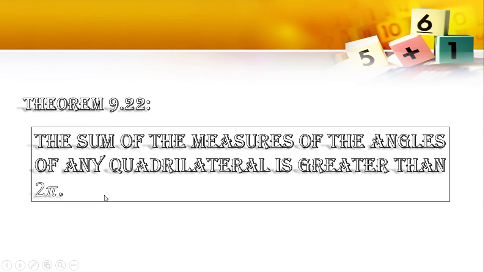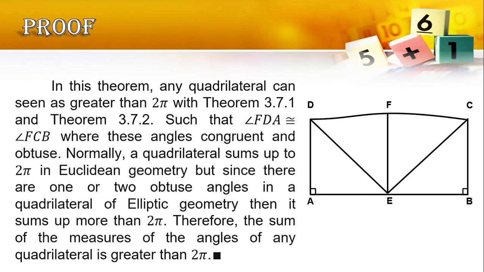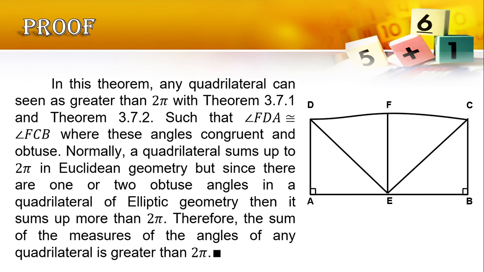Now let's go to the last theorem, which is 9.22. The sum of the measures of the angles of any quadrilateral is greater than 2 pi. So here's the proof. In this theorem, any quadrilateral can be seen as greater than 2 pi with theorem 3.7.1 and theorem 3.7.2, such that angle FDA is congruent to angle FCB.